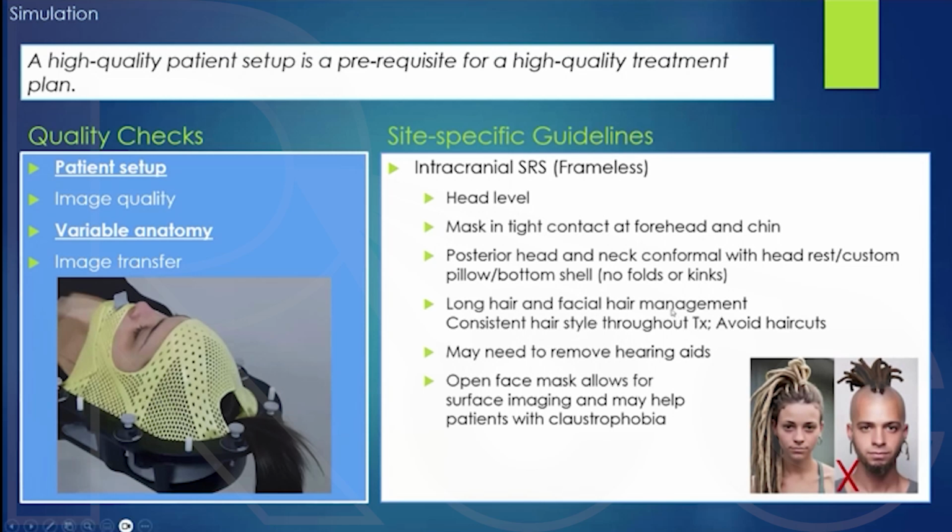And so using this technique, the head needs to be level. The mask needs to be in very tight contact at the forehead and at the chin. The posterior head and neck should be very much conformed, either using a custom headrest or a custom pillow or bottom shell that has no folds or kinks in order to have firm contact.